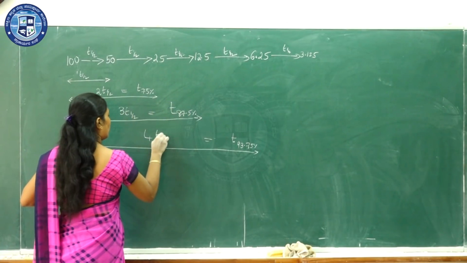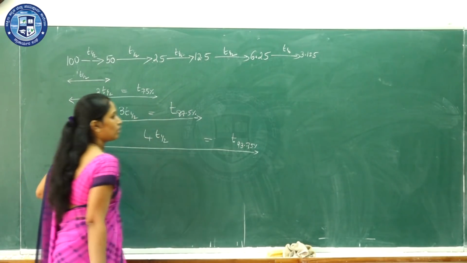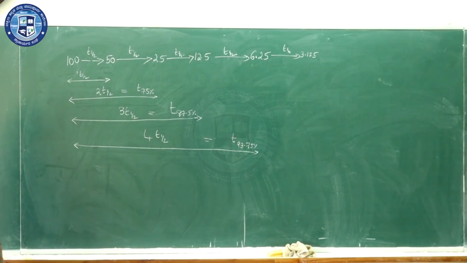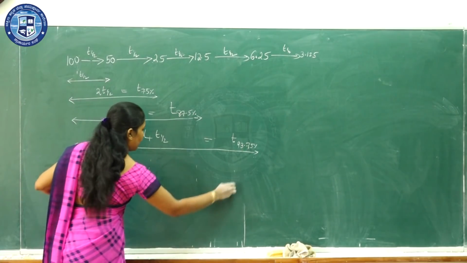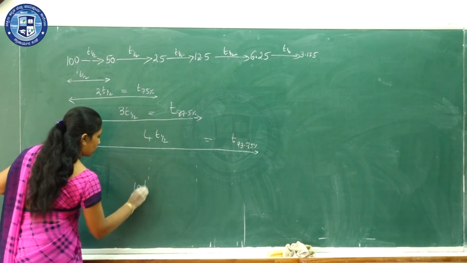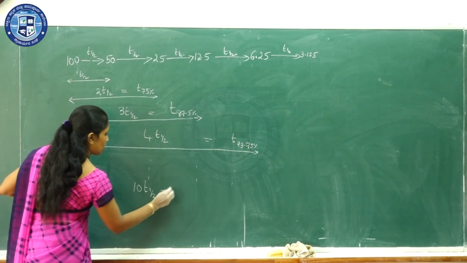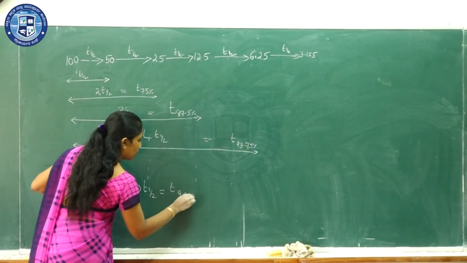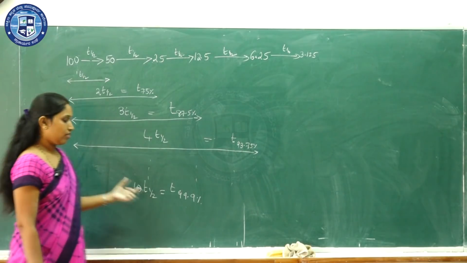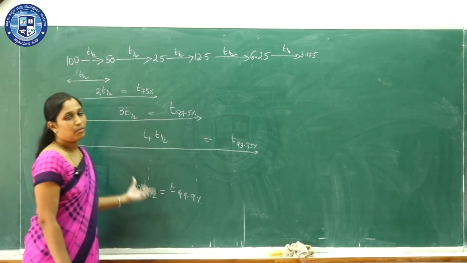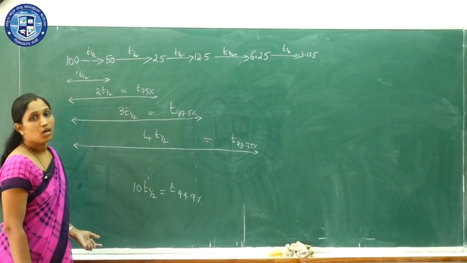So 4 T half is equal to T 93.75%. So like this you can just go on finding, and finally you come to a conclusion that 10 T half is equal to T 99.9%. So these ratios will be very useful for solving the problems if you remember them.